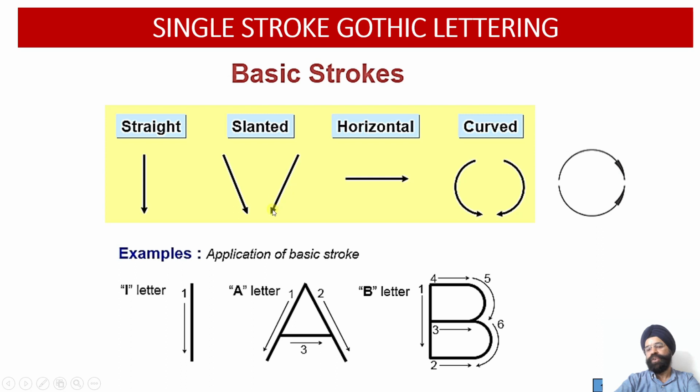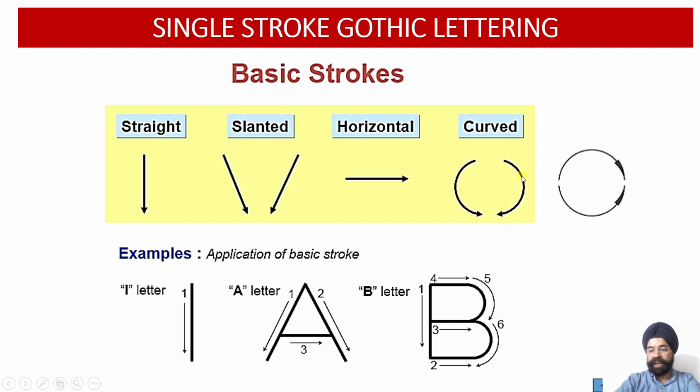Otherwise you move it like this depending upon the inclination. Just you can see, if I is to be written, you write it vertically top to bottom. And mind you, even though it may appear that we are using straight lines over there, this has to be written freehand. So no scale is to be used while you write down any alphabet.